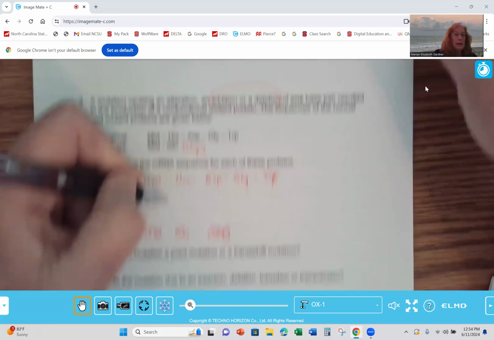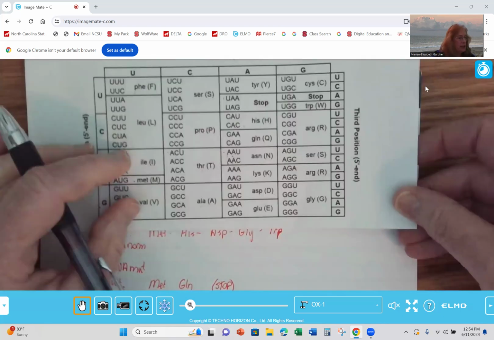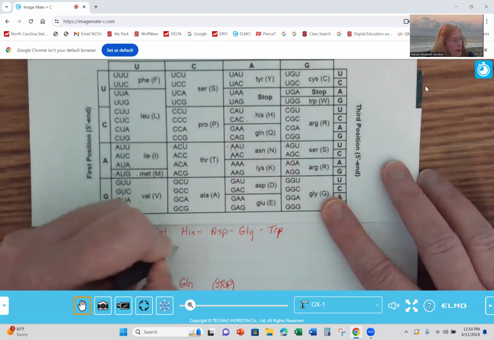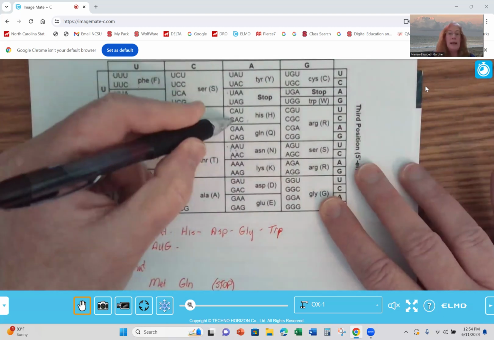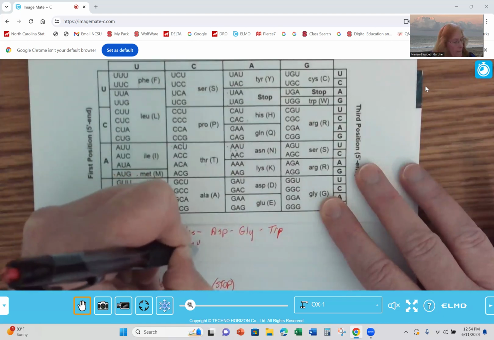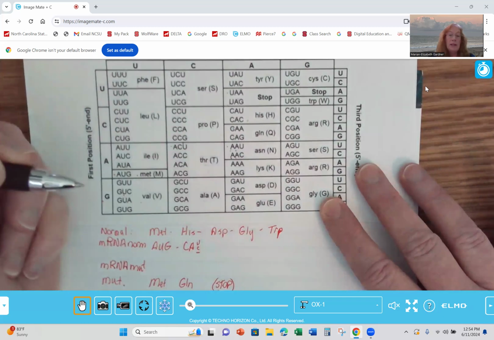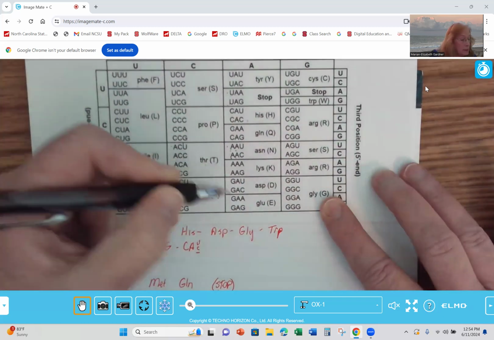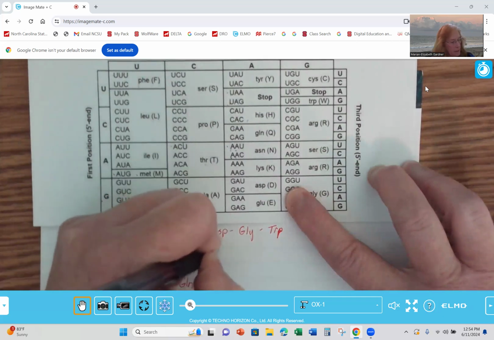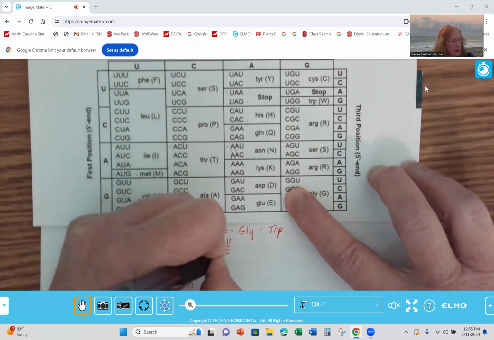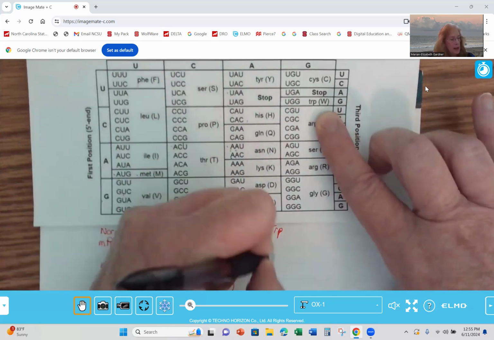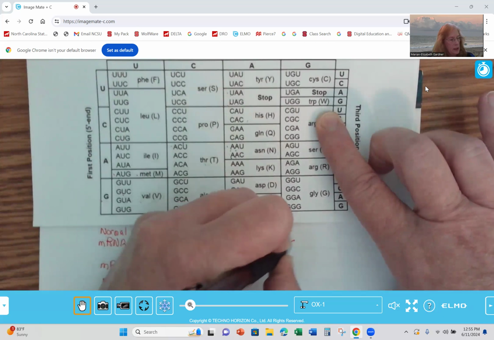So methionine, let's see. AUG is methionine. Histidine, CA, either U or C. And I usually write my options like that. Asparagine, GA, either U or C. Glycine, GG, anything, and tryptophan is UGG.